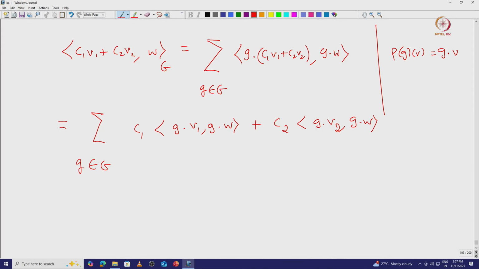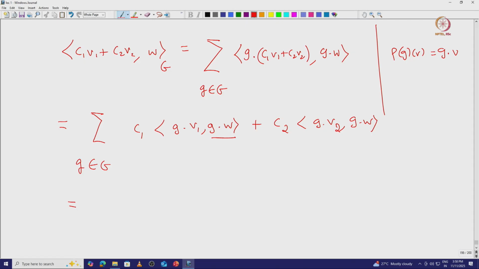So, now it is clear that we can again take the sum inside by fixing this. This is just by definition of the average sum.